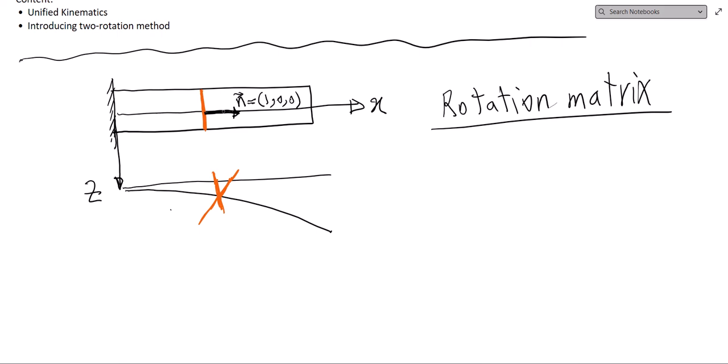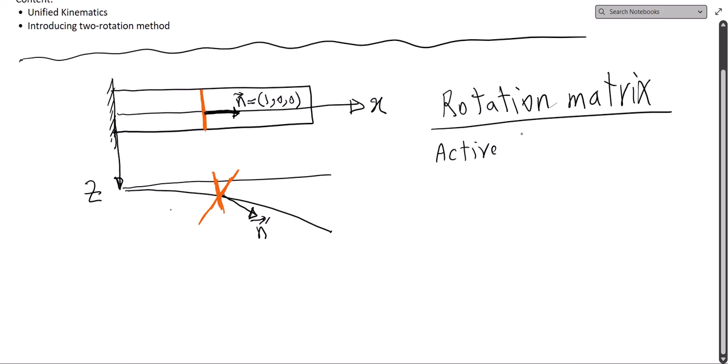Now, when this cross section rotates, then the normal also rotates with it. Let's call it n prime after rotation. And this is what I'm after, this normal vector to the rotated cross section. So what I will do here is actively rotate, and by actively I mean the rotation is active.